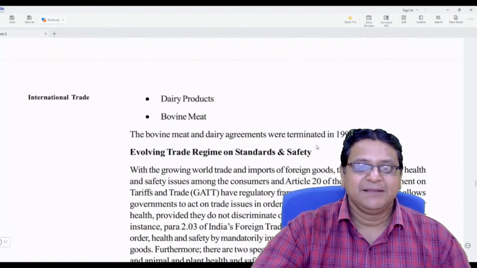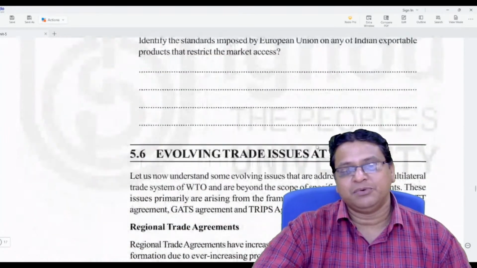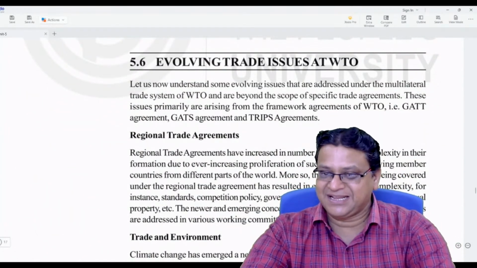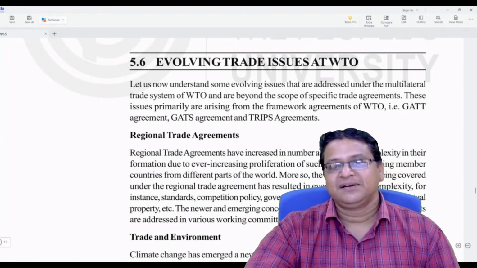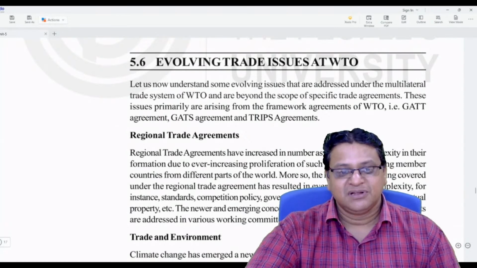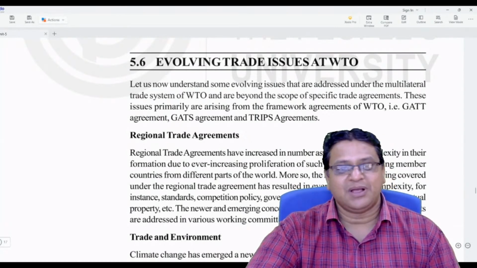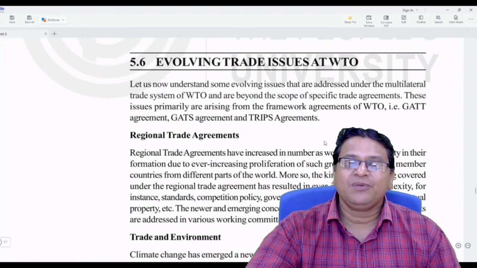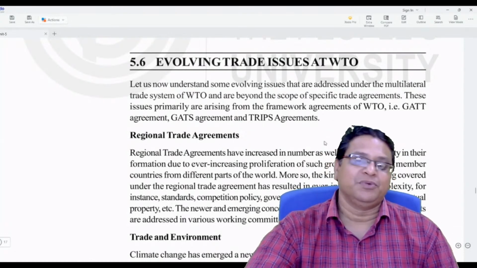So these are important agreements under WTO. The important agreements are the GATT agreement, GATS agreement, TRIPS agreement, then the agreement on agriculture, and other important agreements which we have discussed. Next we will discuss the evolving trade issues at WTO.